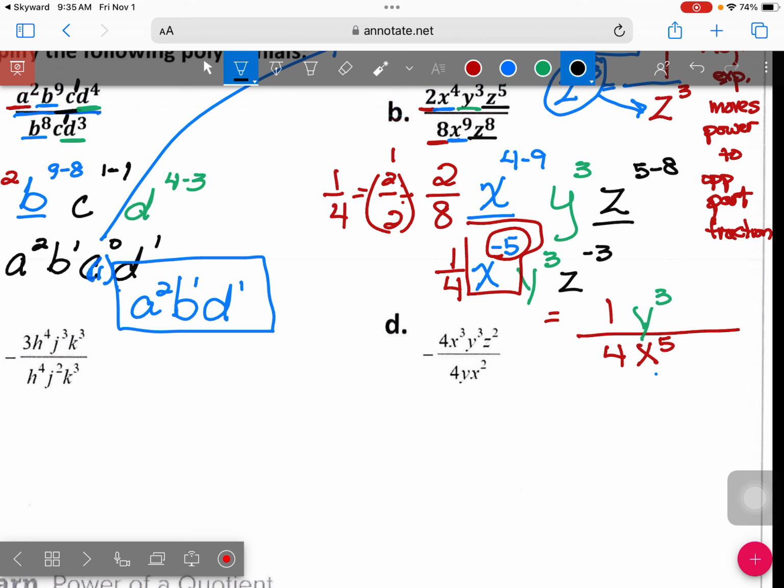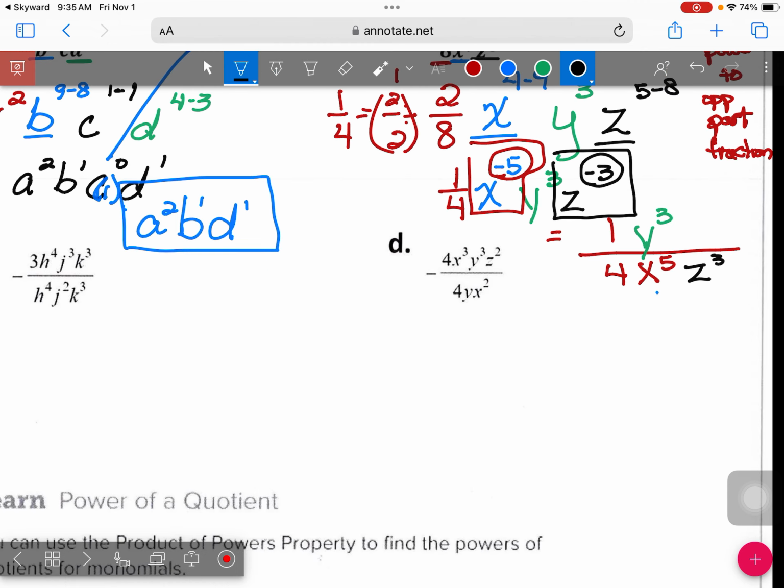And z to the negative 3rd is going to go down to the bottom, z to the 3rd. So my final answer, 1 times that y is not going to change. It just becomes y to the 3rd, all divided by 4, x to the 5th, z to the 3rd. Is that a 5? Yeah, it is.